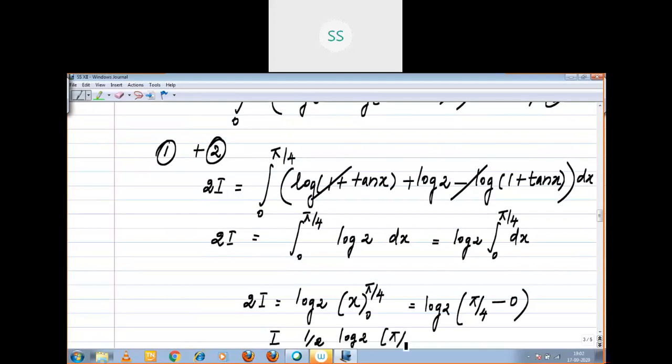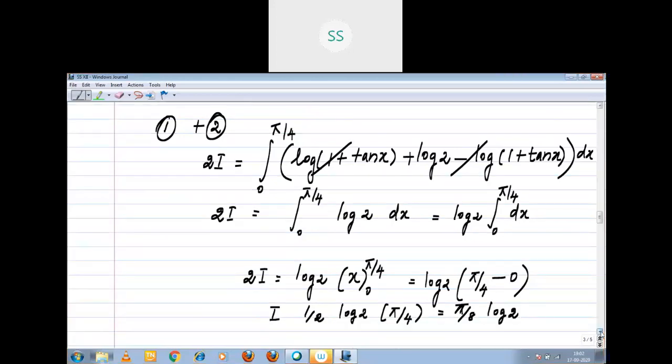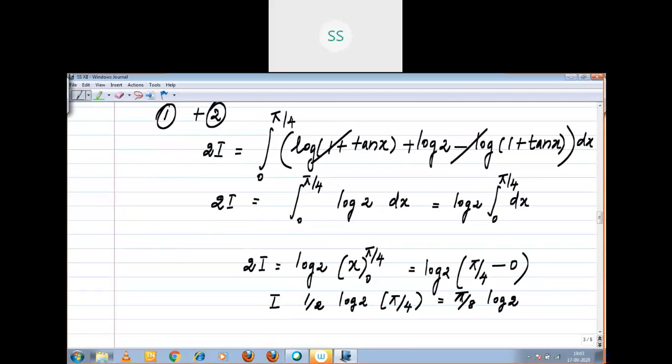There log 2 is a constant, you have to take it out of the integral. Then integral 0 to pi by 4 dx. When you integrate dx, what do you get? 2I equal to log 2 x, then 0 to pi by 4, which is equal to log 2 upper limit minus lower limit.